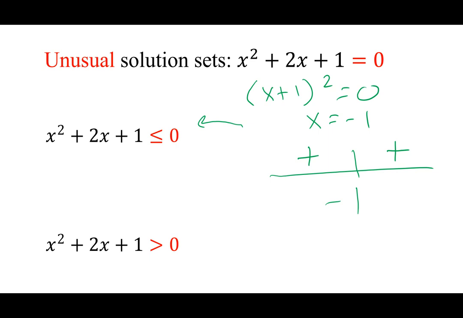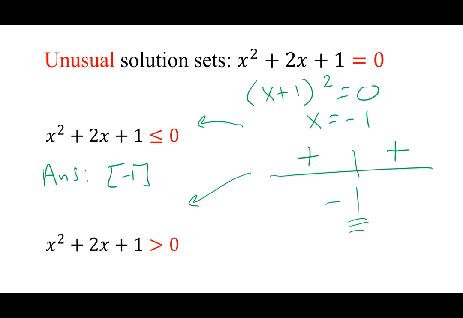If you want to know where the graph is less than or equal to 0, well, it's never less than 0, but it is equal to 0 only at one location, and that's only at -1. So the only answer to this question is -1 only.